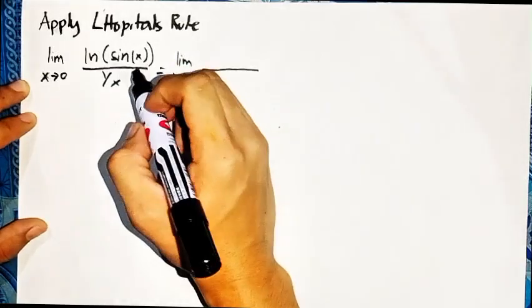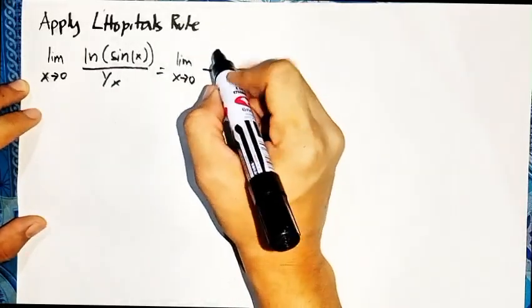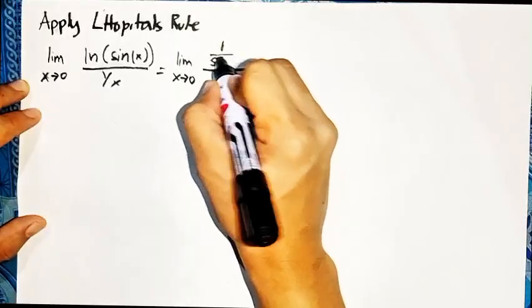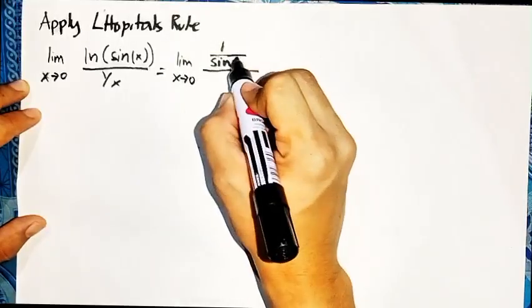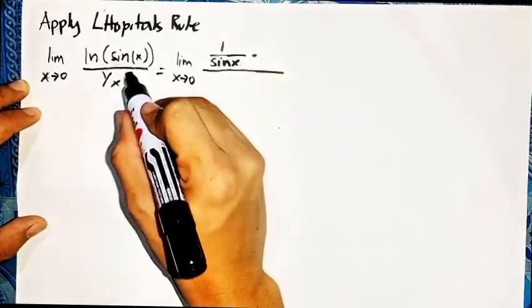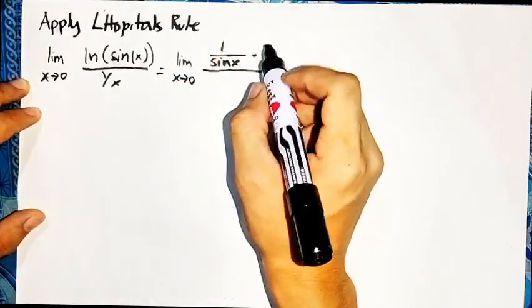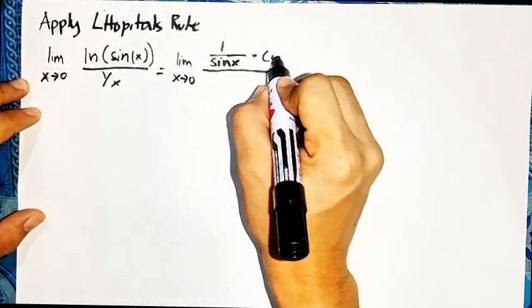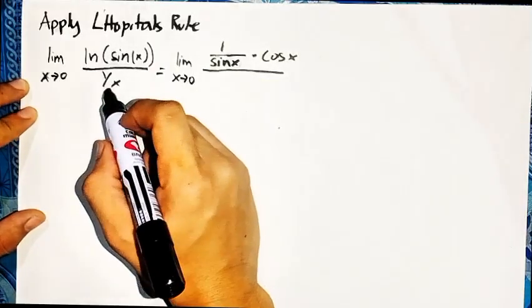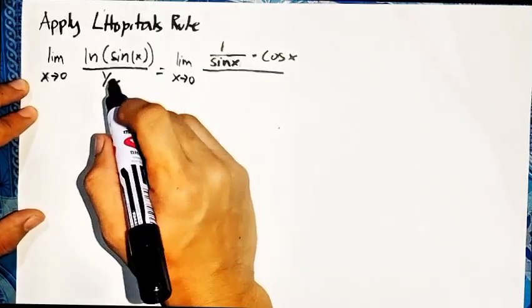The derivative of ln sine x using the chain rule is 1 over sine x times the derivative of sine x, which is cosine x. Over the derivative of 1 over x.